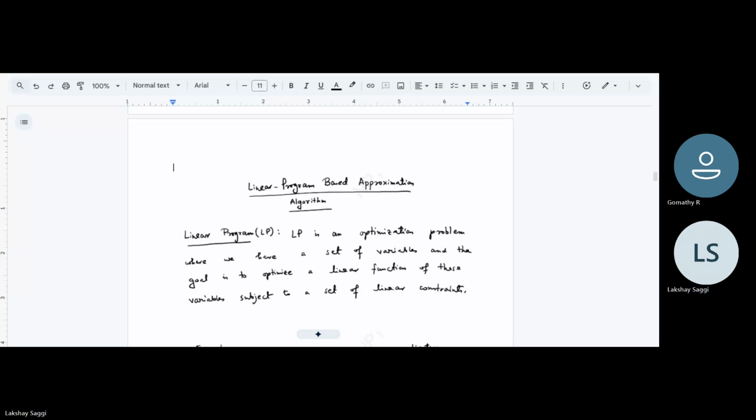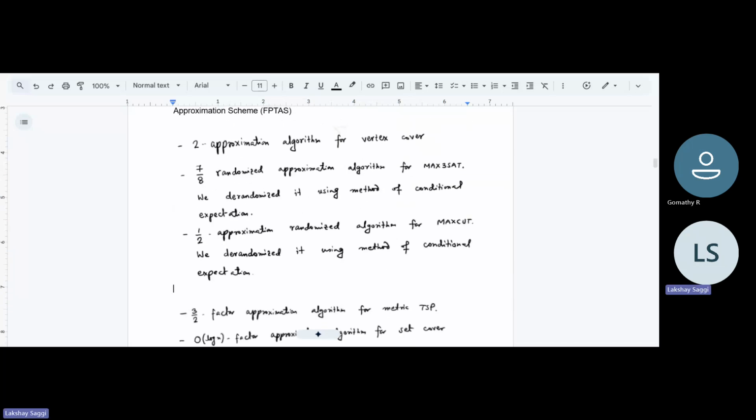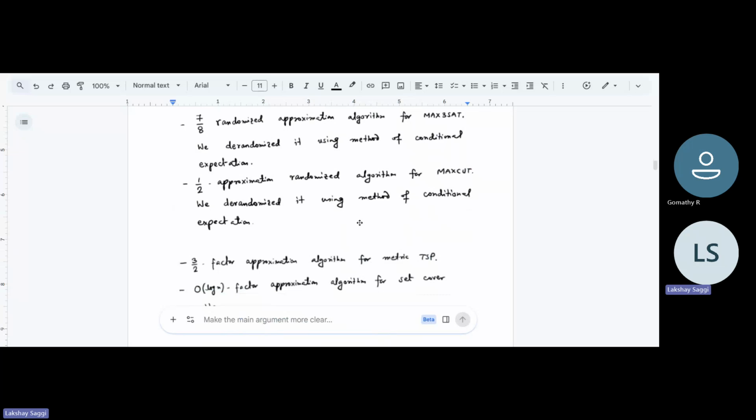So, after discussing all of this, there comes a very natural question. For the two-approximate algorithm for vertex cover, we related it to matchings. For the 7 by 8 approximation algorithm for max 3-SAT we had different ideas. For metric TSP we had different ideas.